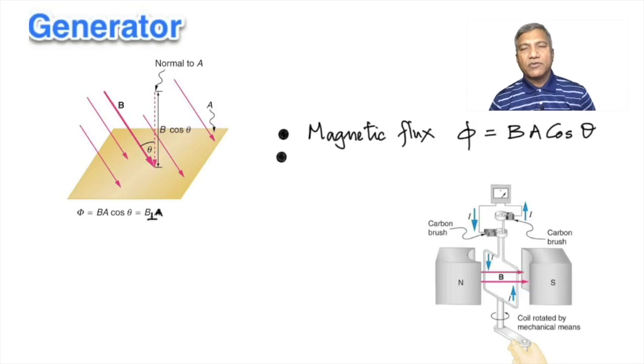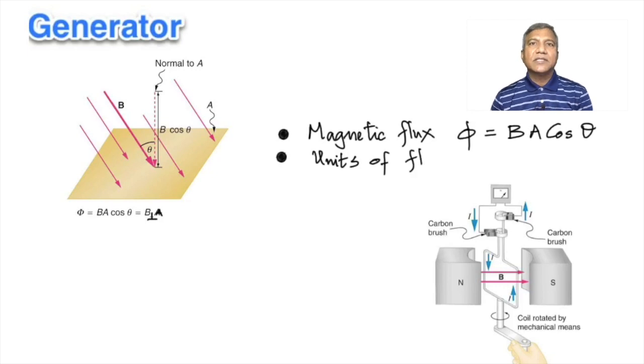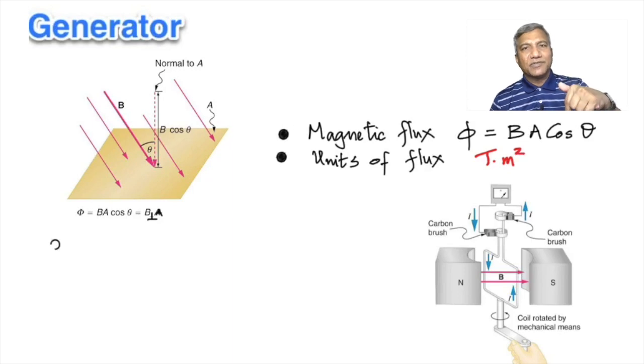B is the strength of the magnetic field, A is the area of the surface, and theta is the angle between the perpendicular drawn to the surface and the magnetic field. The units of magnetic flux are Tesla meter squared, because B is in Tesla, A is in meter squared, and cosine theta is just a number.